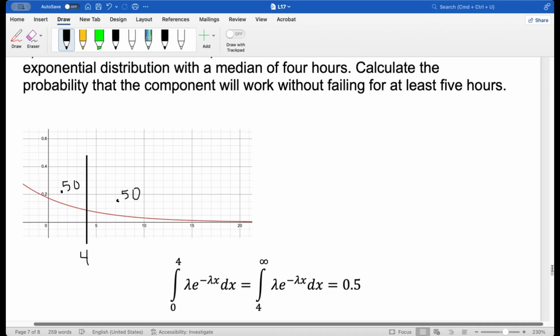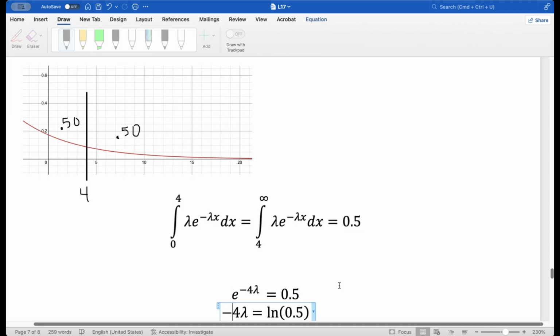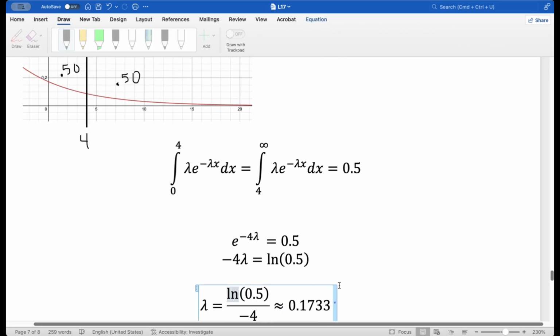We could use either one. We could integrate from 0 to 4 and we'd get a half, or we could integrate from 4 to infinity and get a half. Actually, the 4 to infinity part is a little bit cleaner. That integral becomes e to the minus 4 lambda. And so apply the log to cancel out the e, and then divide by -4, and we get log of 0.5 divided by -4, which is 0.1733.